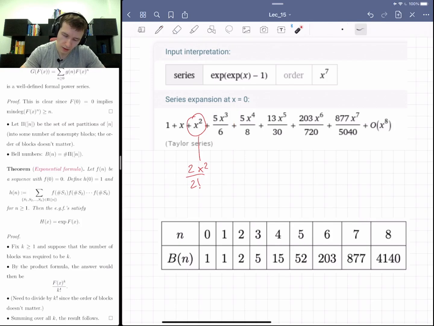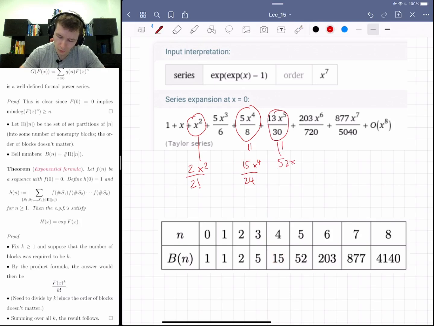And then the next one is 5x to the 4th over 8, which is 15 x to the 4th over 24. So 15 is here, and anyways, it works out. The next one is 52 x to the 5th over 120, and so on.